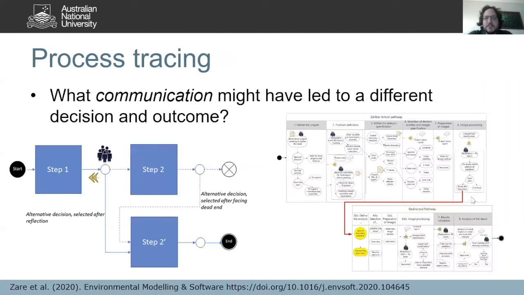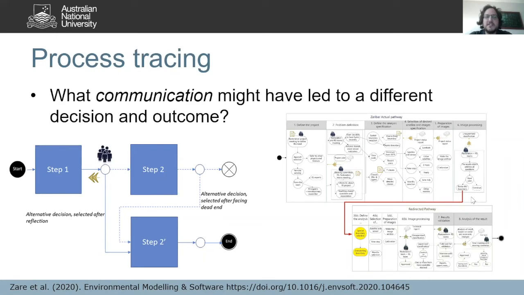So one approach that we've been trialing, so this is work led by Fatima Zare, is looking at process tracing. So here on the left, we've got the simple process of a two-step process that ends in a dead end, that things didn't turn out the way we want, and so we have to redirect the project in order to do the step 2 prime. And so she was looking at what communication might have led to a different decision and outcome.